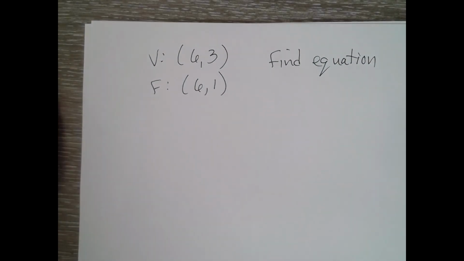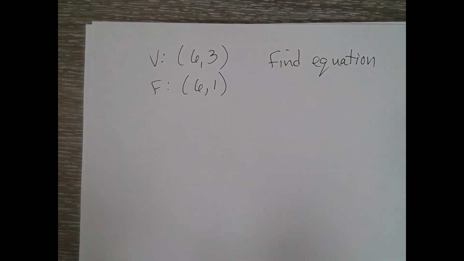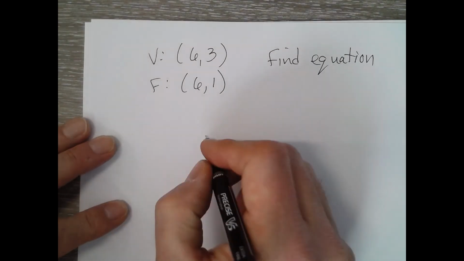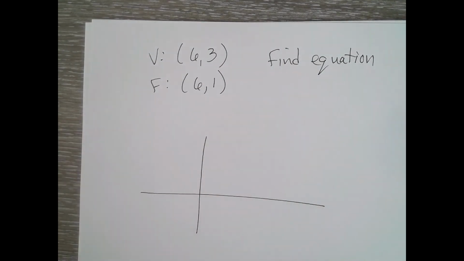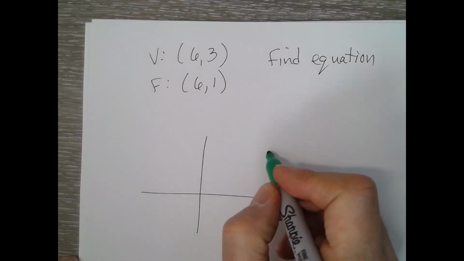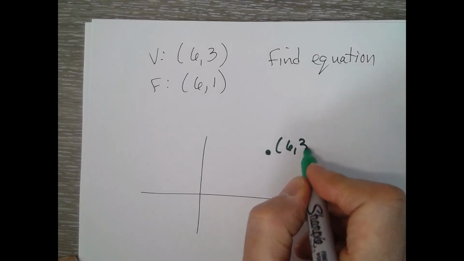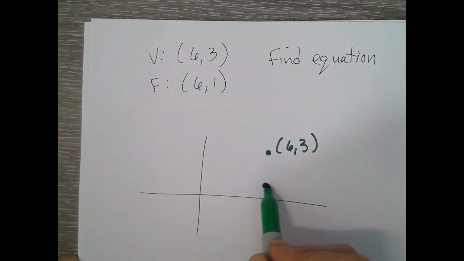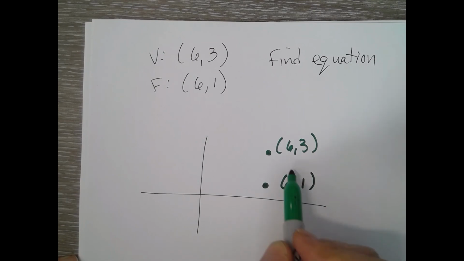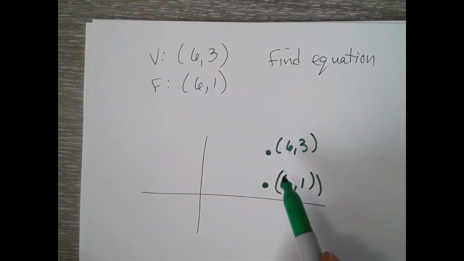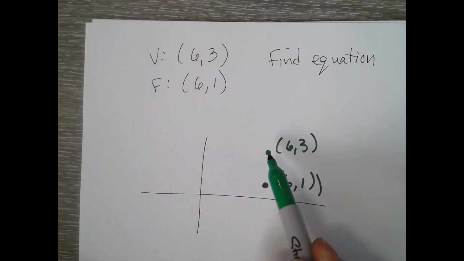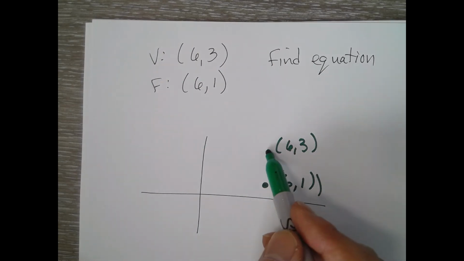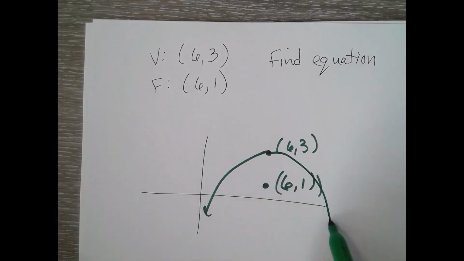So the first thing you want to do is draw a sketch and then see if you can figure stuff out and put it into an equation. I'll give you a minute to try it. Remember, the focus is always inside, so my vertex is 6, 3, my focus is 6, 1, so that's a sketch of it.